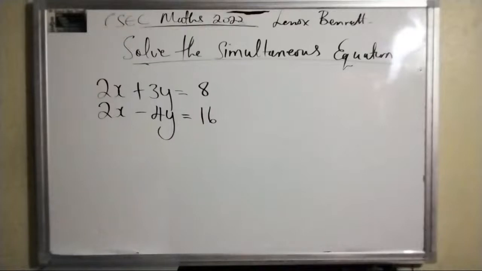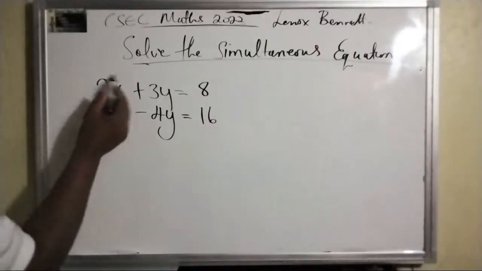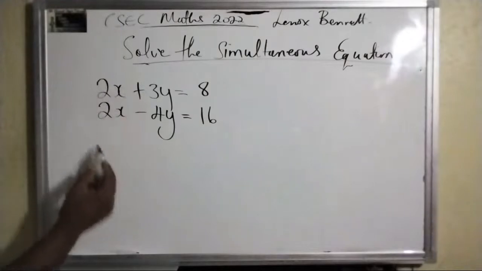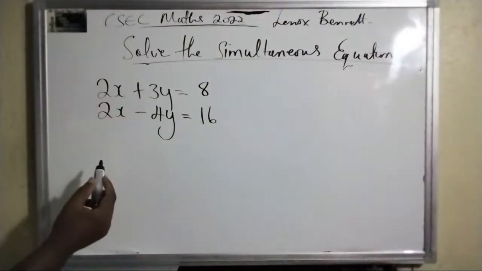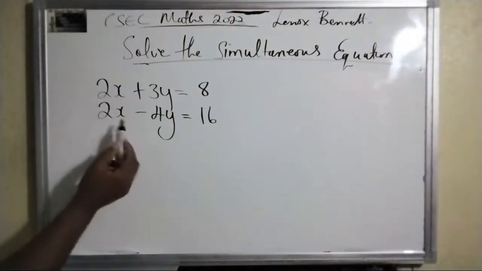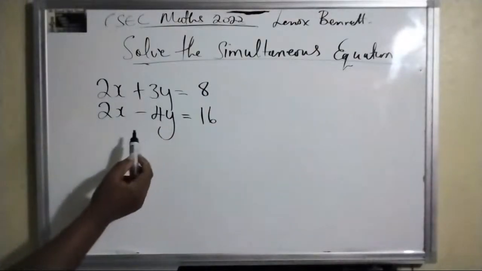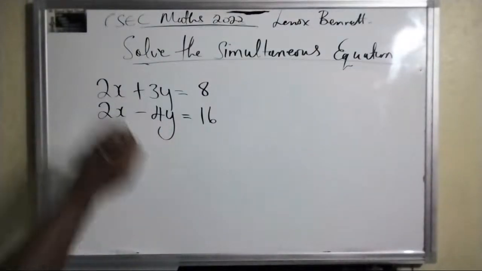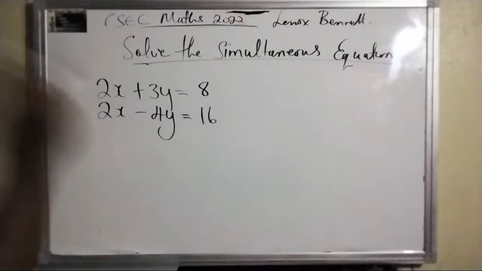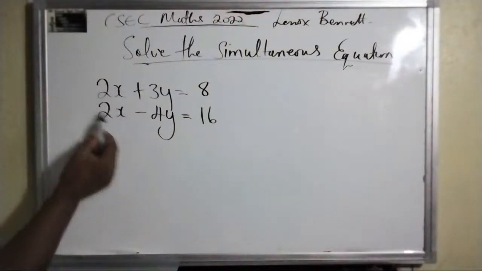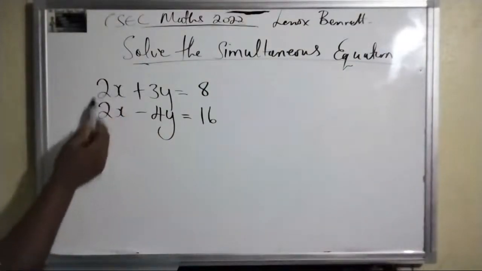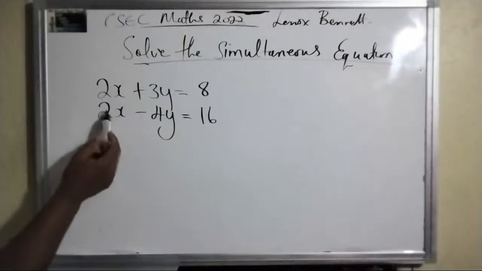All right guys, so if you look closely, you will notice that these two are the same, right? Same coefficient. These are different. So what we can do is subtract to get rid of this. This is going to be a fraction, so we can subtract to get rid of this.